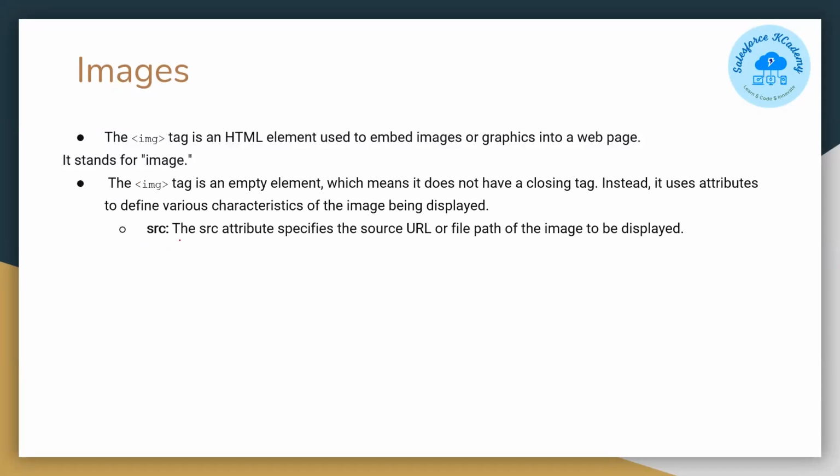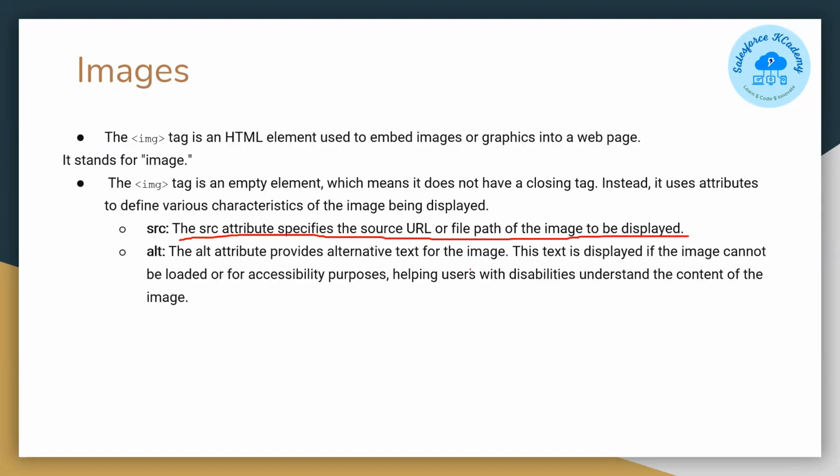Source attribute is clear, right? Source attribute specifies the source URL or the file path. Alt attribute provides the alternate text for the image. This text is displayed if the image cannot be loaded, and helps users with disabilities to understand the content of the image.